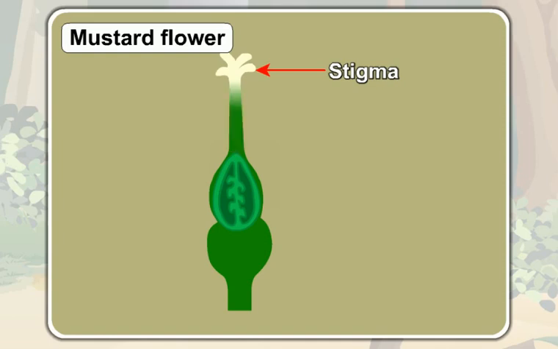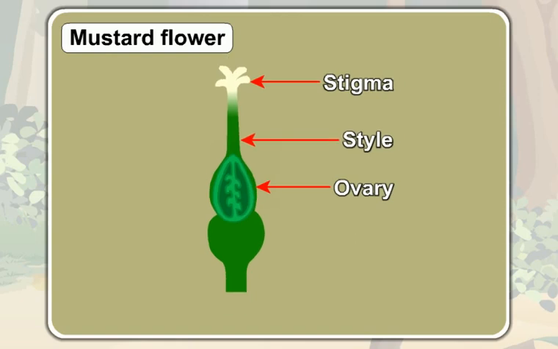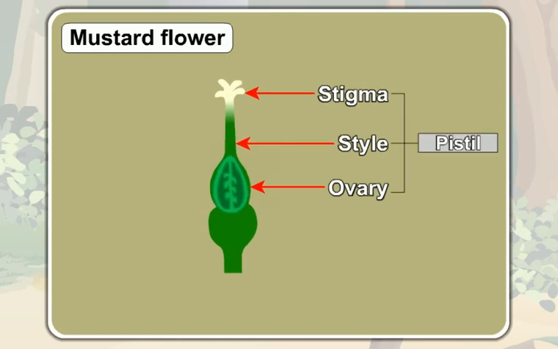The long part of the pistil that is below the stigma is the style, and the swollen base of the pistil is the ovary. So, a pistil has three major parts. They are stigma, style, and ovary.